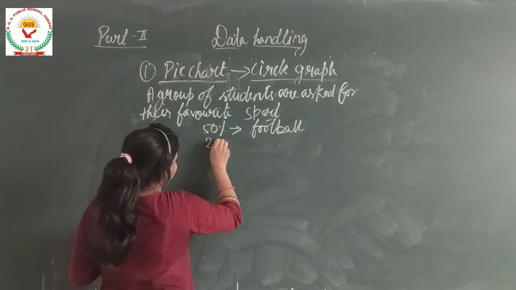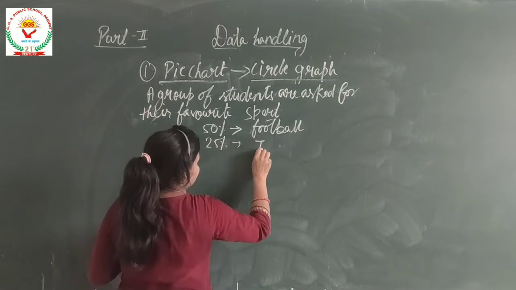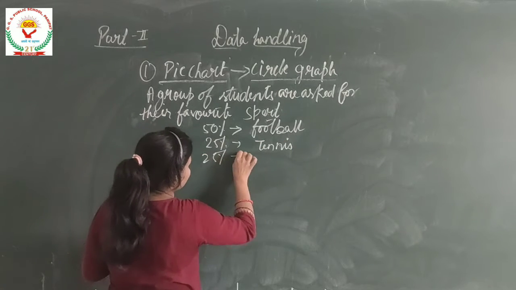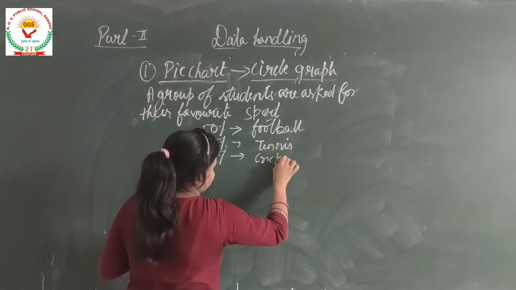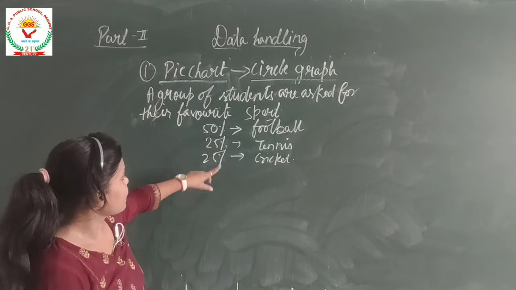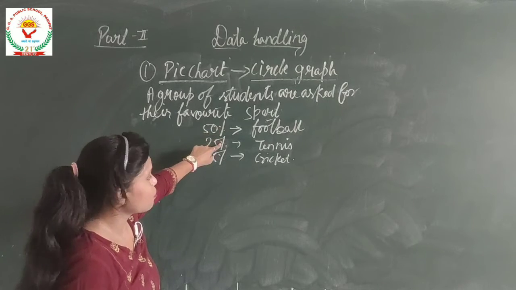Okay. 25% said tennis. And the rest 25% said cricket. Okay. This data is given in percentage.